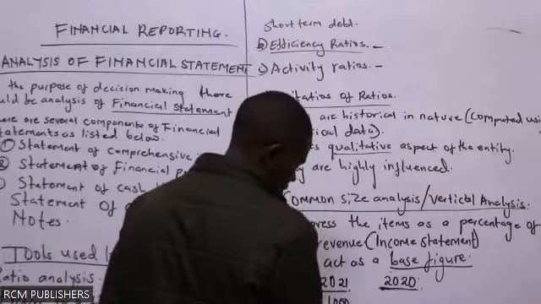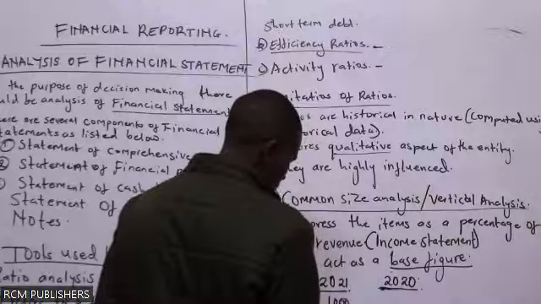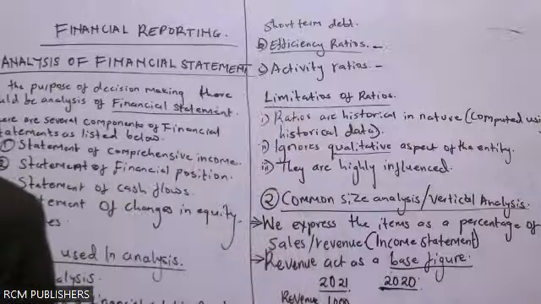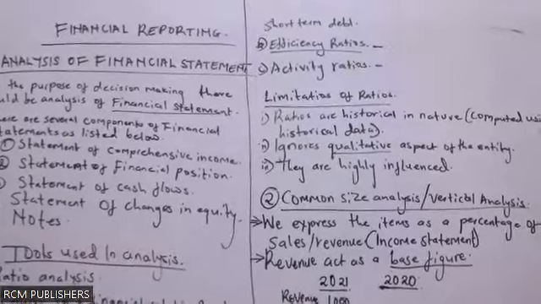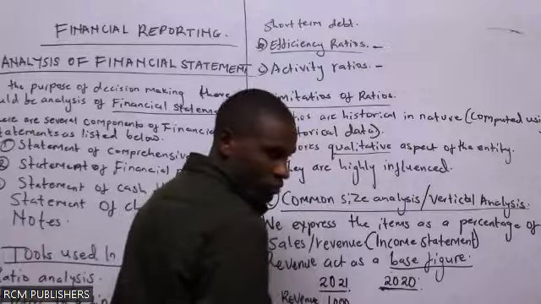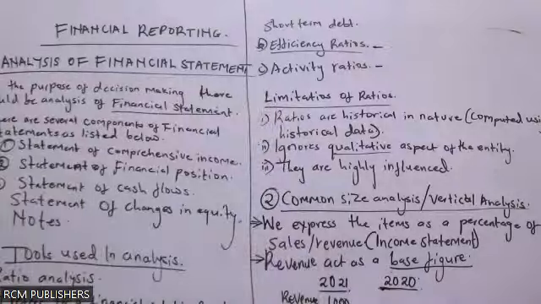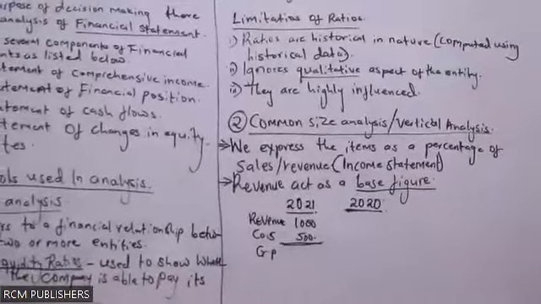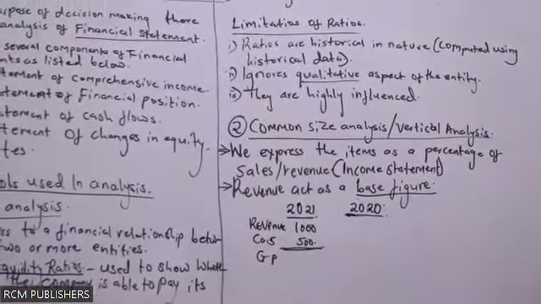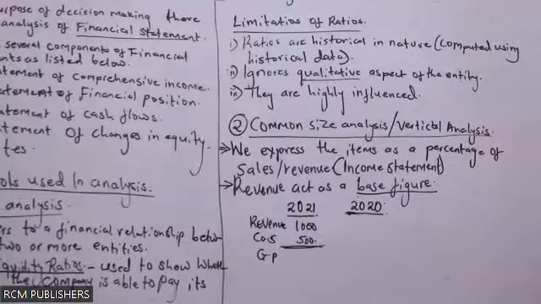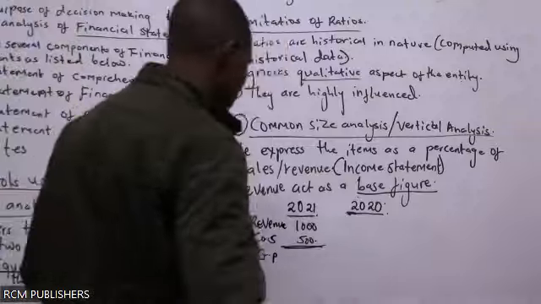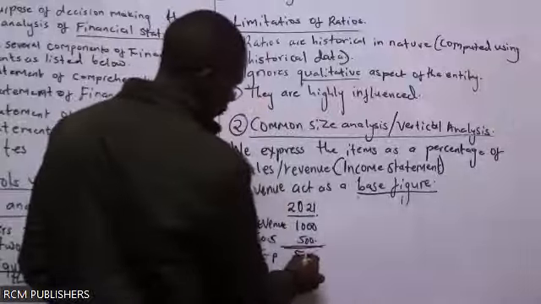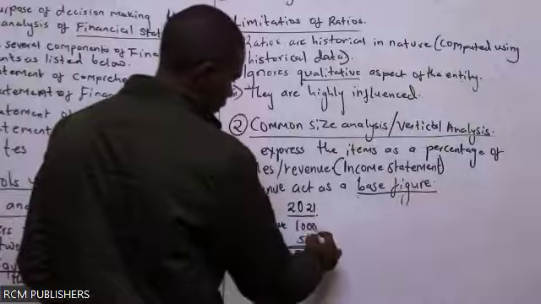Now here I will have my gross profit. Gross profit will be this, just an illustration, I don't know if you can see. Leave this, scrap this off. Leave 2020 for now, we will compare later. So my gross profit will be 500 because I just subtract this.